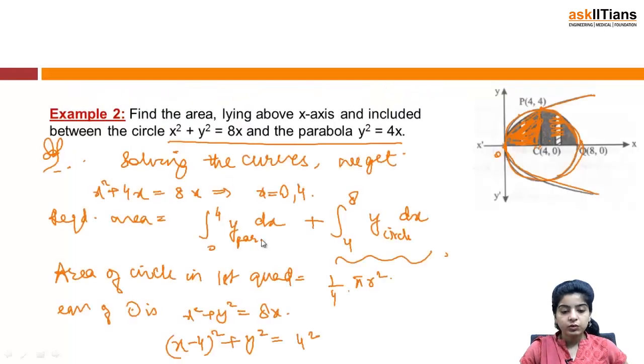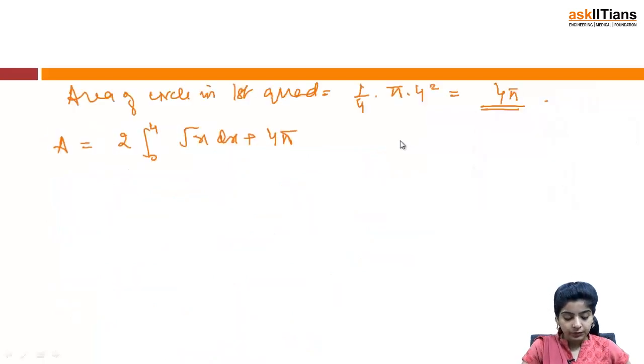This is from this equation, required area. Okay, let's denote it as A. Required area is this, and this we have found out is 4π. So A equal to integral 0 to 4, y² is 4x, means y is 2√x. So we have 2√x dx from 0 to 4 plus 4π.